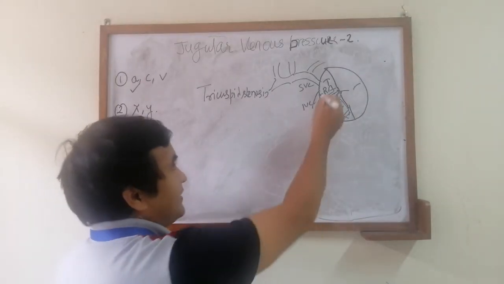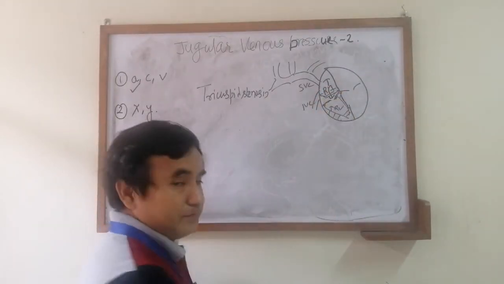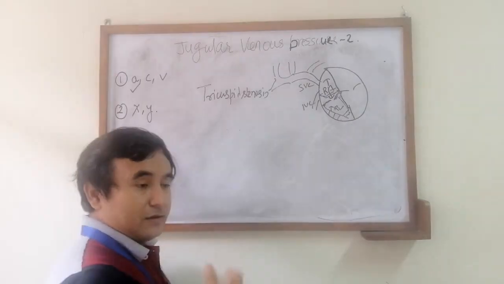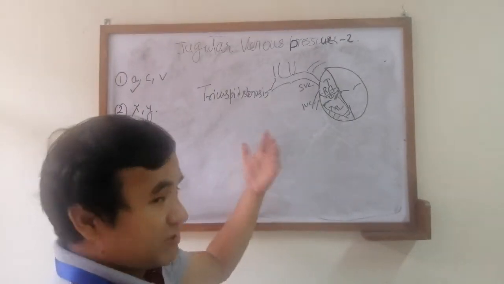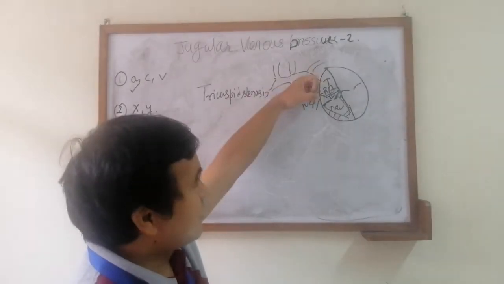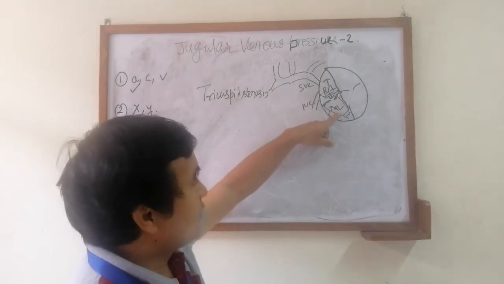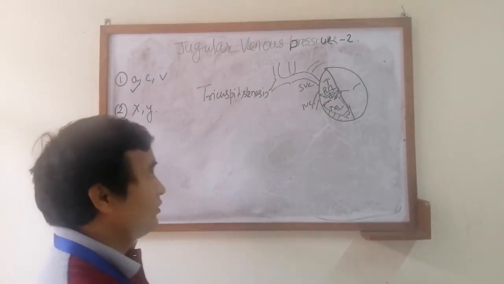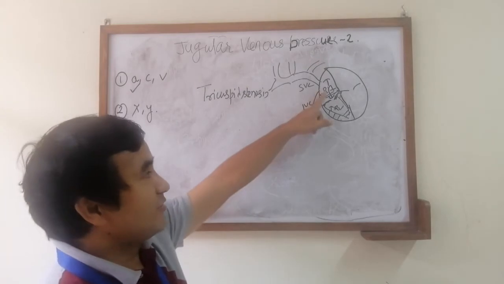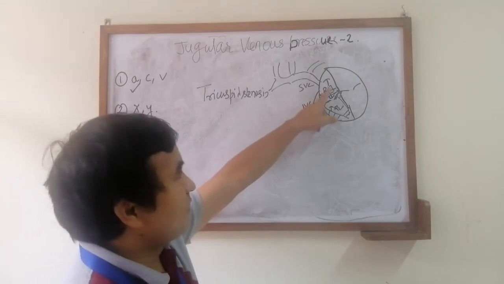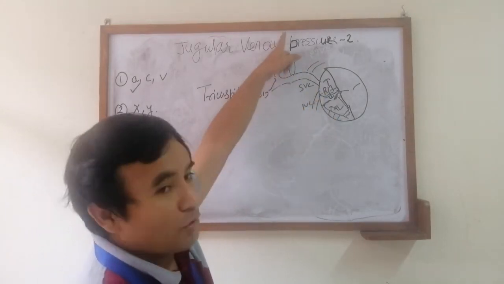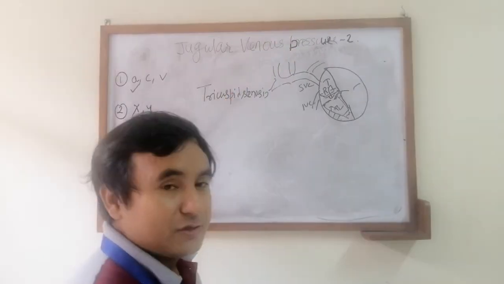Then definitely the right atrium has to contract more forcibly against the right ventricle, so there will be more pressure in the right atrium, and if there is more pressure in the right atrium, there will be more pressure in the jugular veins.